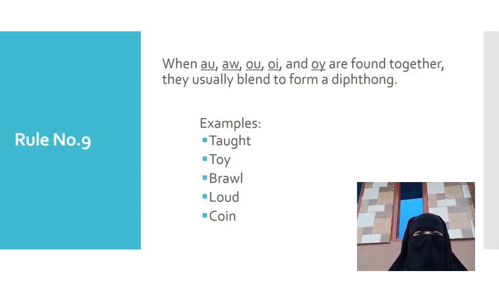A diphthong is a sound formed by combining two vowels in a single syllable in which the sound begins as one vowel and moves toward another. Like these examples: toad, brown, loud, broad, coin, and toy.